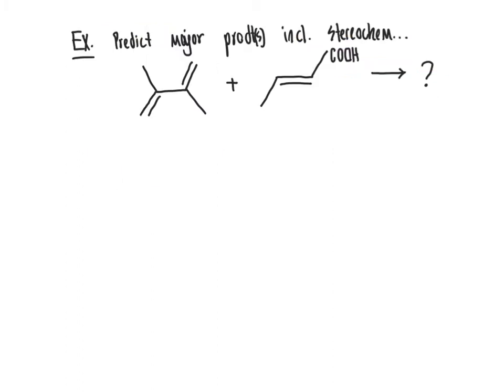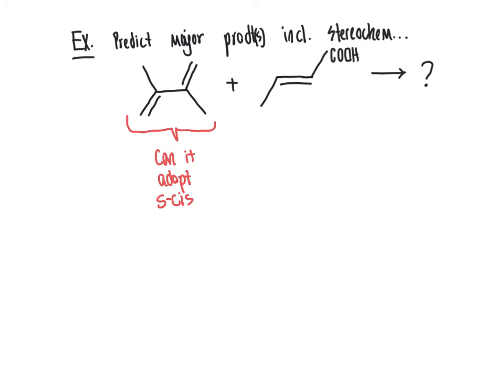So in this example, we'll apply what we learned in the last couple of points about retaining the configuration of the cis-trans alkene and recognizing that the diene has to be able to adopt an S-cis conformation in order to react. So the first thing to ask yourself when you're thinking about stereochemistry, look at the diene and ask yourself, can it adopt an S-cis conformation by rotating around a carbon-carbon single bond within the molecule?